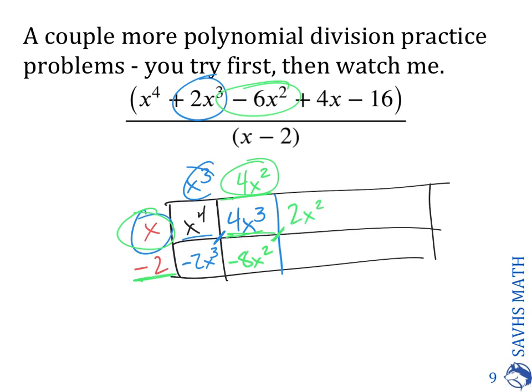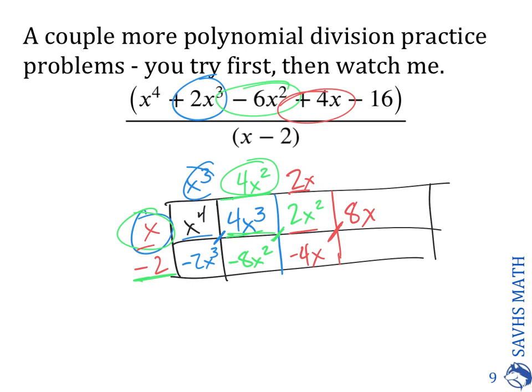That makes me write 2x up at the top, because 2x times x has to give me 2x squared. So then, what do I get down here? I get negative 4x. Okay, that's not what I want though. I want positive 4x. So I have to add 8 x's there.